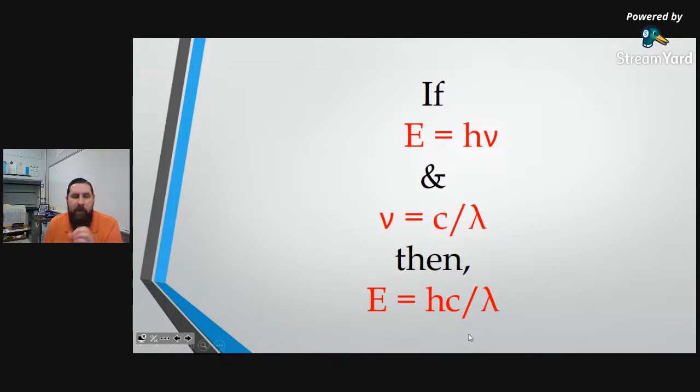We can start out with a wavelength, and you can do a two-step problem where you first use the wavelength to determine the frequency using lambda nu equals c, like we did previously, or you can use this derived equation that energy equals hc per lambda, and that's what we're going to do right now.